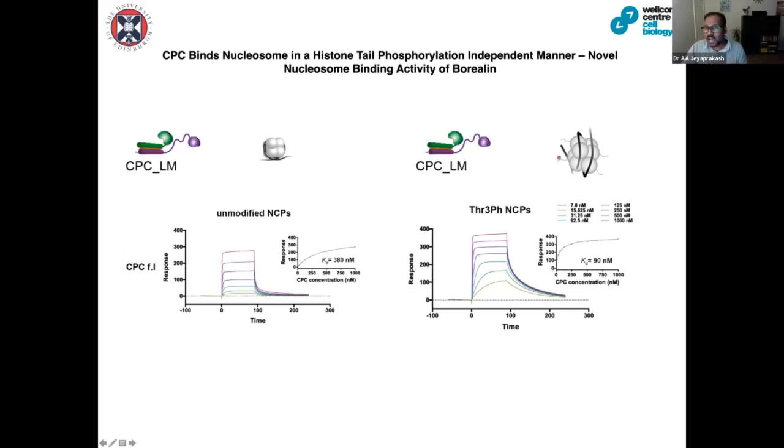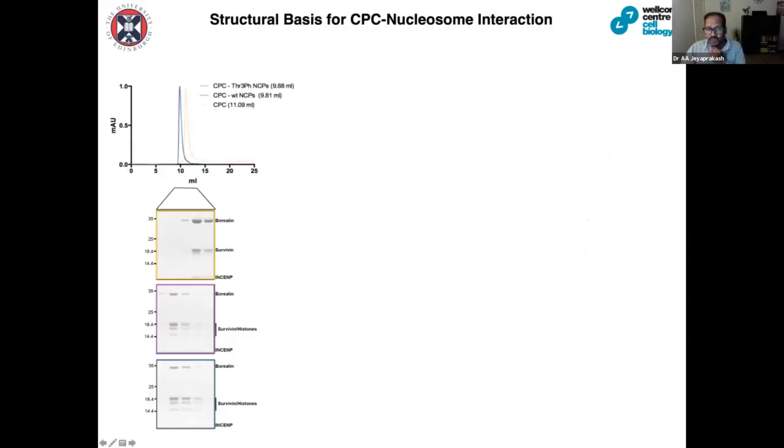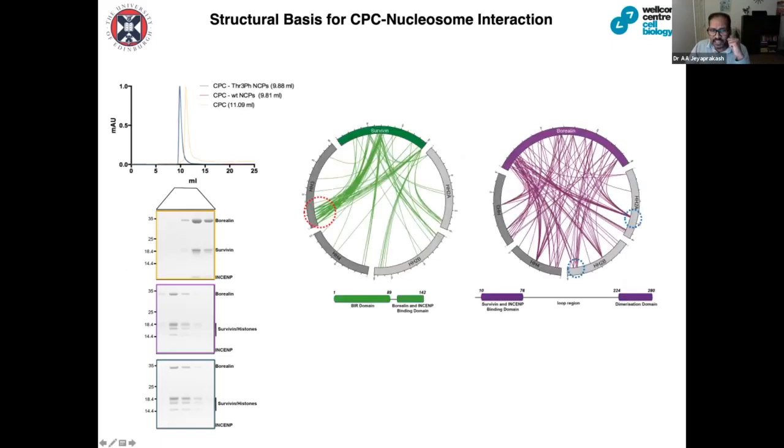So to understand how CPC binds nucleosomes, we reconstituted the CPC nucleosome complex by size exclusion chromatography, both with unmodified nucleosome and nucleosome containing the histone H3 threonine 3 modification, the phosphorylation. And then we performed cross-linking and analyzed the cross-linked sample.